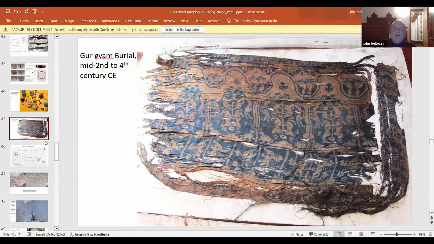I know much less about textiles, silk textiles, but this was found in one of the Gurjam burials. And we can see it has various pairs of animals. Very nice silk item, earlier than most of those found in East Turkestan, Xinjiang.